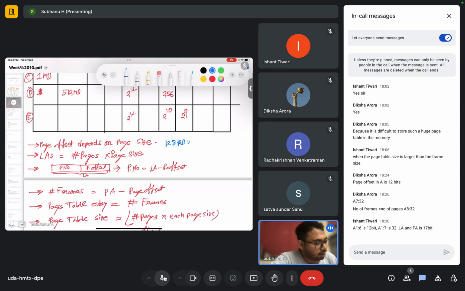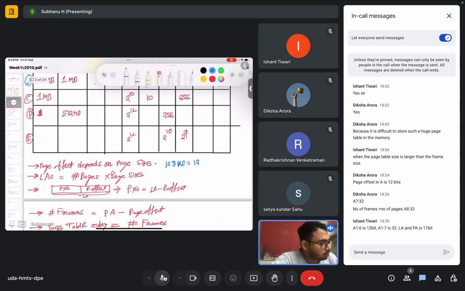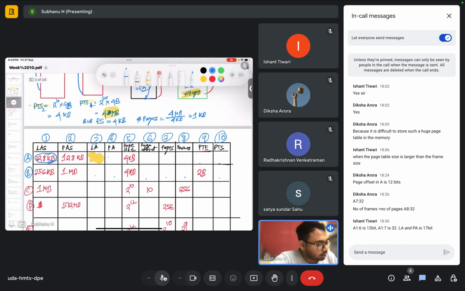And page table size is equal to number of pages. Size means we have to calculate how many pages there are and what each page size is: number of pages into each page size, right? So this is how we will calculate.